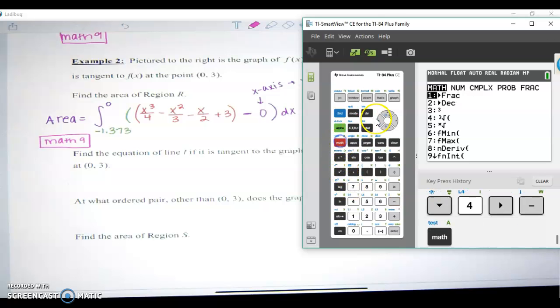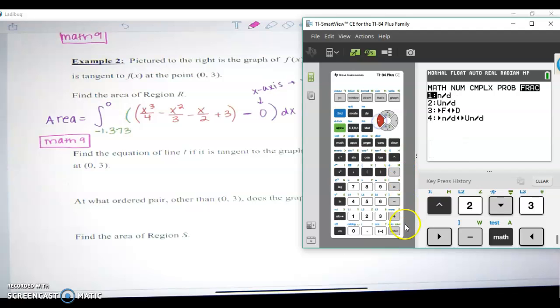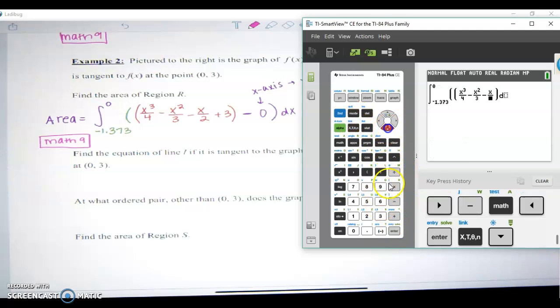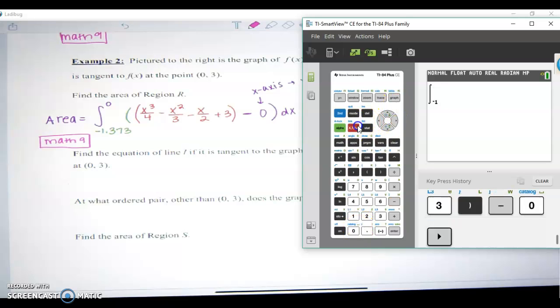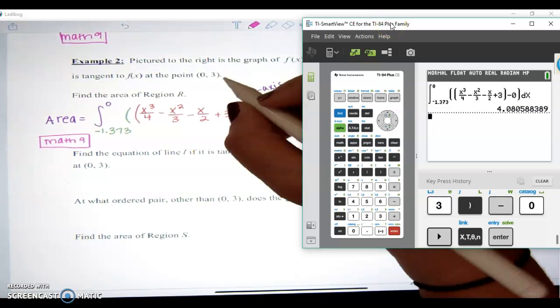And then minus x squared over 3, and then minus x over 2, and then plus 3. Then I'm going to close the parentheses, so let's just confirm that that is correct. And then I'm going to go ahead and put the minus 0 here. If you don't put the minus 0, it's fine. But we've got to make sure we put dx. I didn't write this correctly, so that's going to make a difference here. Sorry, this would be 3 cosine x here.